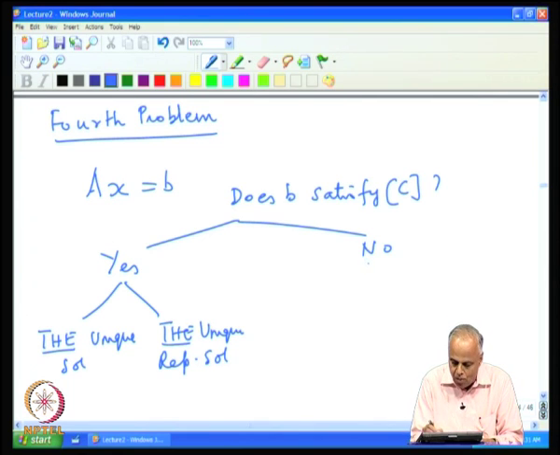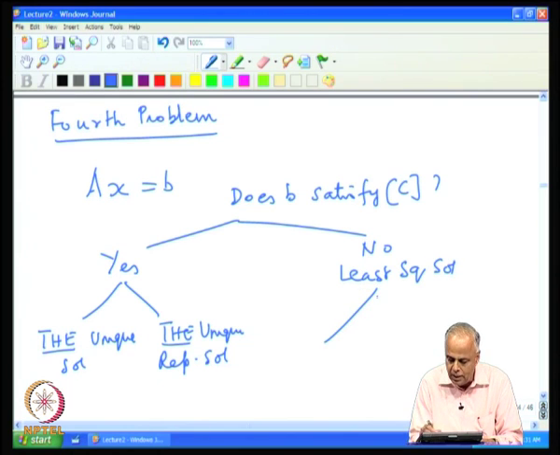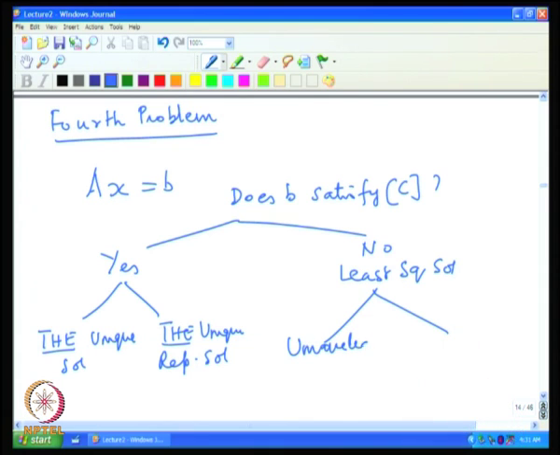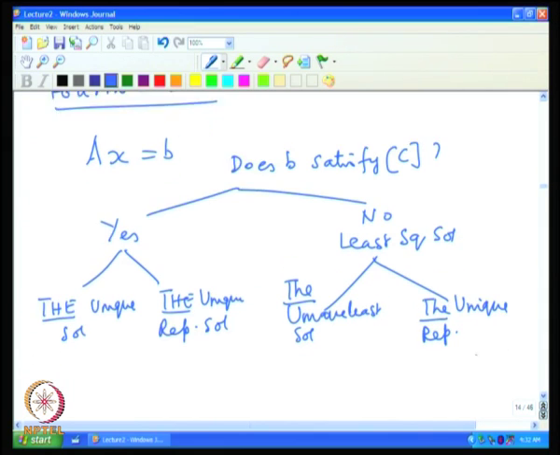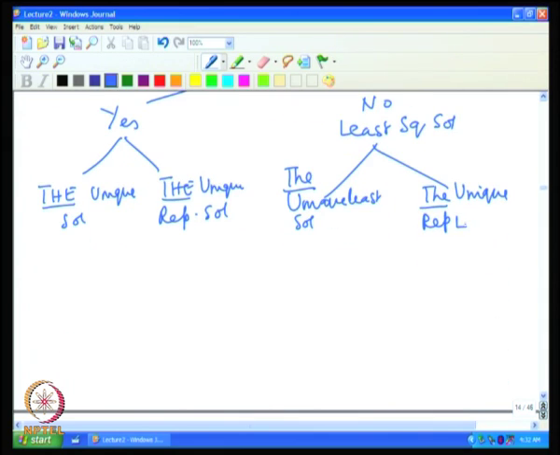In the case of no, we had least square solutions, and this again gave us two situations: the unique least square solution, and the unique representative least square solution.